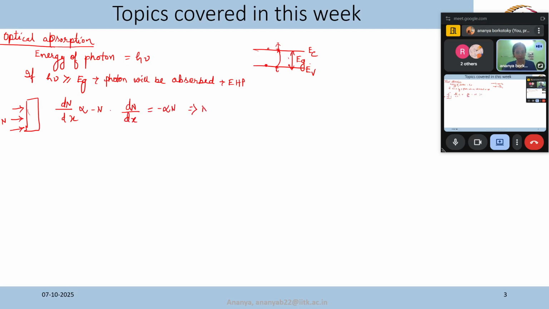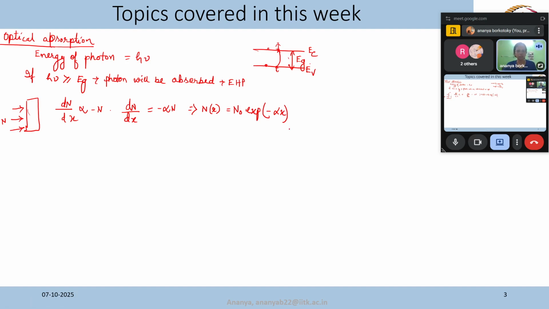So the number of photons at any point x is the initial number of photons, and that decreases exponentially, because we know that when we have a first order differential equation like this, the solution is n naught exponential minus alpha x. And what is alpha? Alpha is the absorption coefficient.